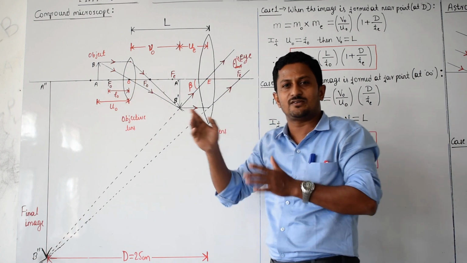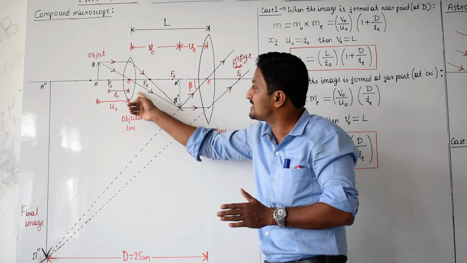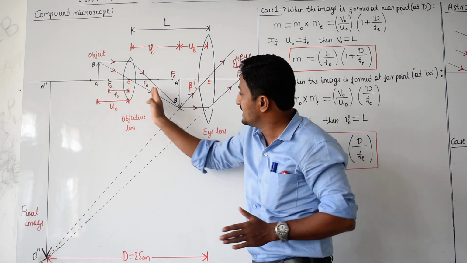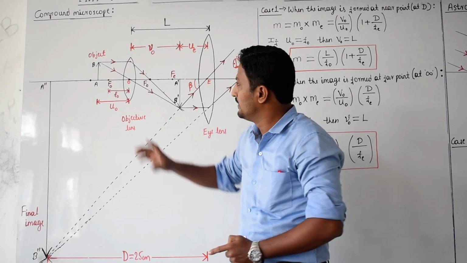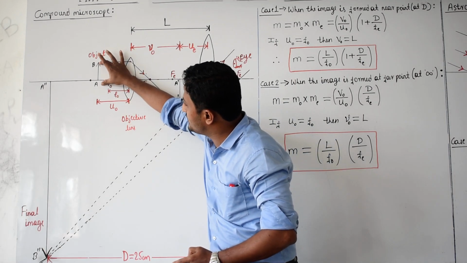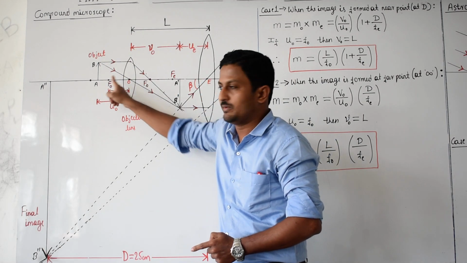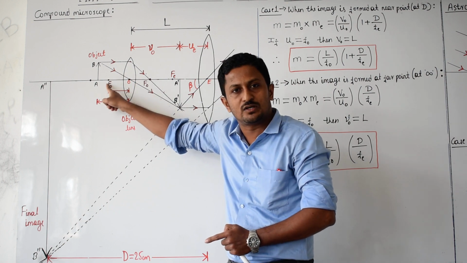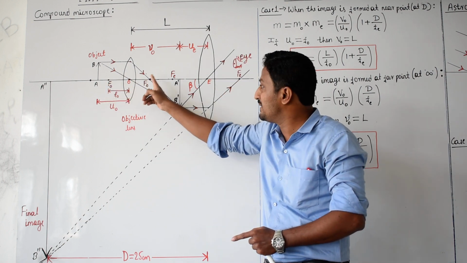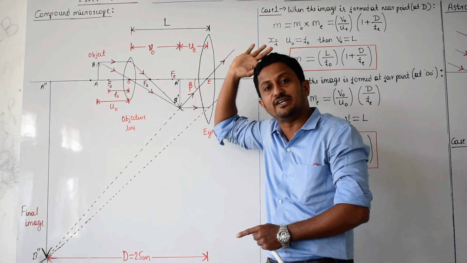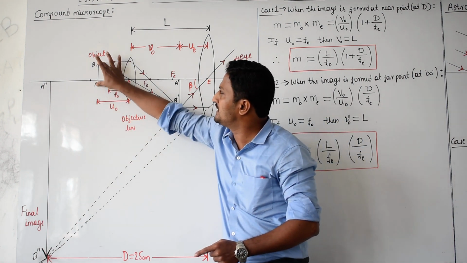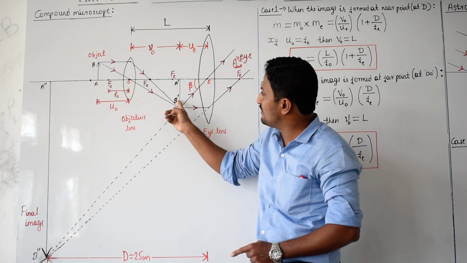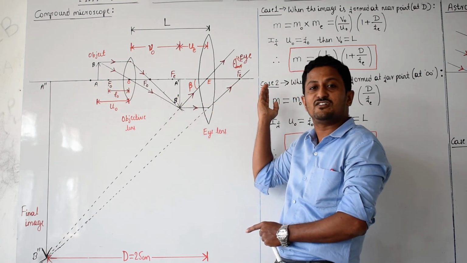In front of the biconvex lens, when the object is at its principal focus point, then where will the image be produced? See here, when we take this object at this point, when the object is at its principal focus point, then obviously the image will be at infinity. What we have to imagine here is that this image is going to be produced at infinity.